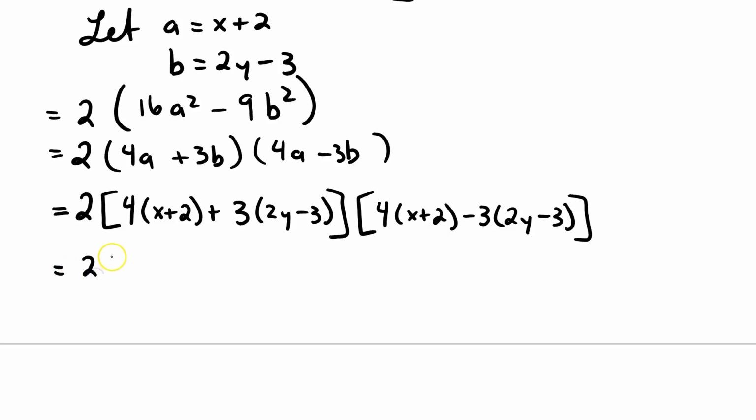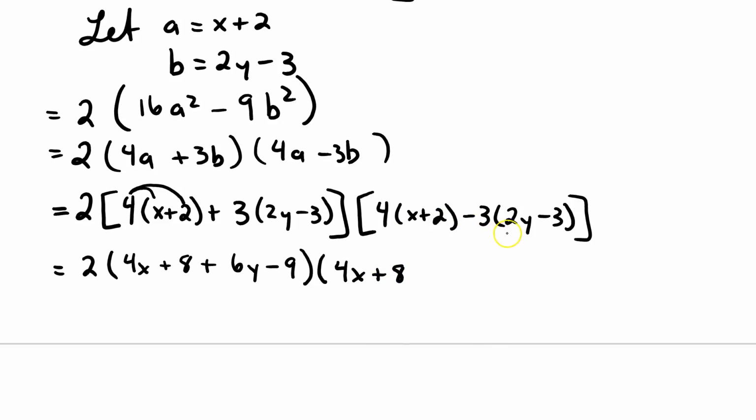So 2 times, open bracket, 4x plus 8 plus 6y minus 9, then 4x plus 8. Ooh, negative 3 times 2y is going to be negative 6y, plus 9.